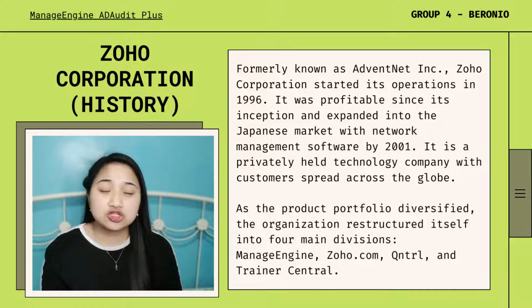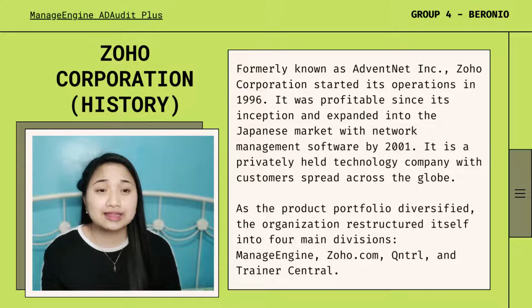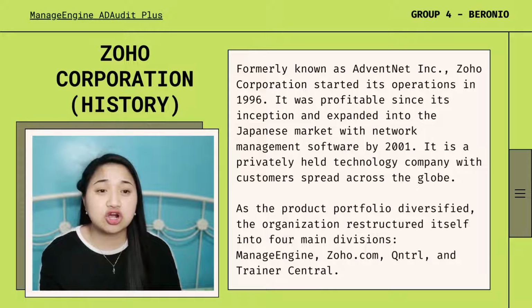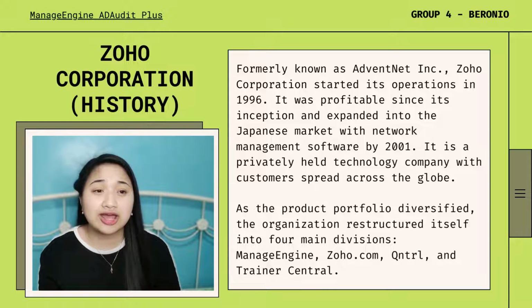So, yung organization na to, millions of users na yung meron sila around the world at nag-offer sila ng diverse range of products and services. As they diversified, nagkaroon sila ng 4 na division which are ManageEngine, Zoho.com, QNTRL, and Trainer Central. So, dito sa ManageEngine, dyan nakapaloob yung software natin which is yung ADAudit Plus.